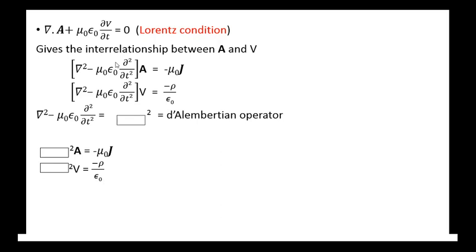So what is the advantage of this Lorenz condition? Lorenz condition will help you to reduce the Maxwell's equation in terms of only one potential. Also, this Lorenz condition gives the interrelationship between A as well as V.